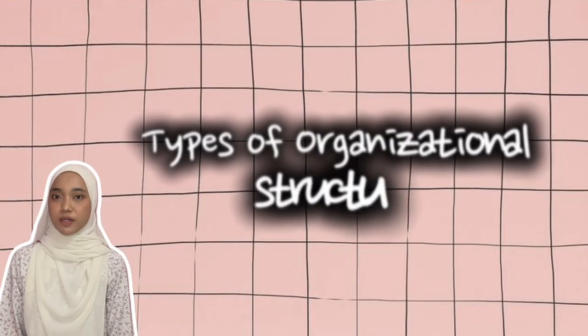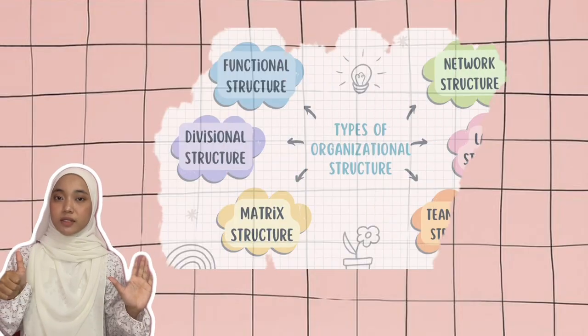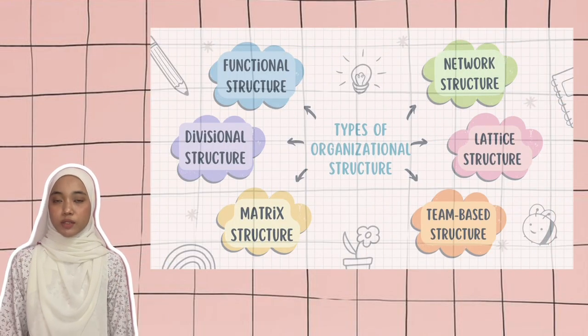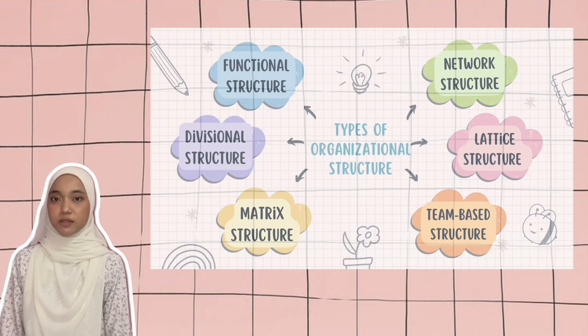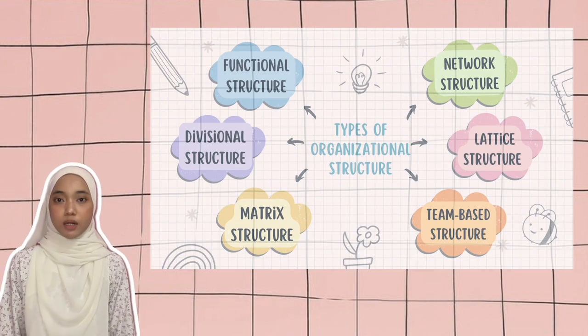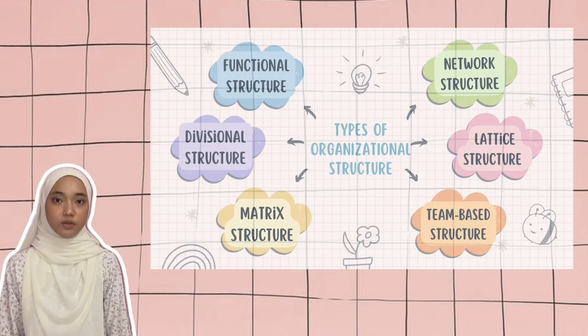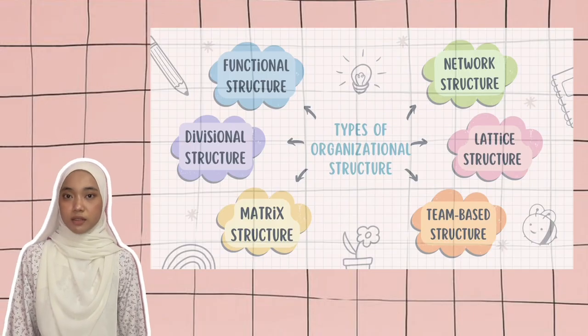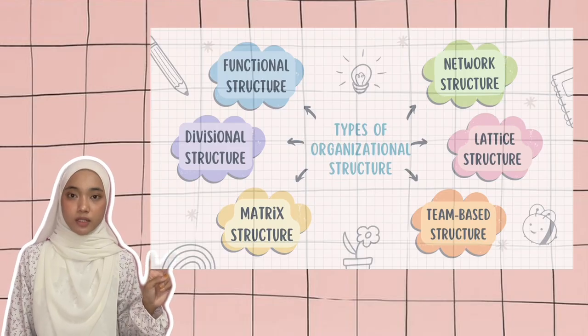Types of organizational structure. Let's explore six structure types commonly used in modern organizations. First, functional structure. People are grouped by job role or skill, such as marketing and human resources. It's efficient but can limit cross-department coordination. Second, divisional structure.